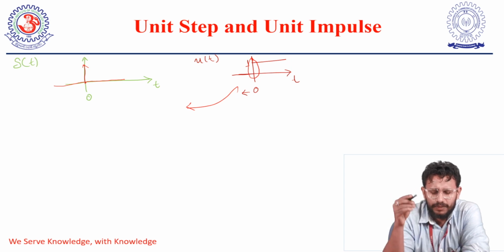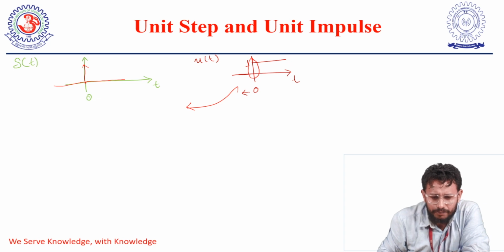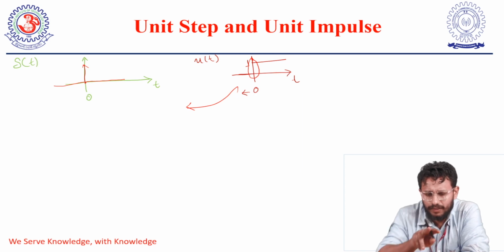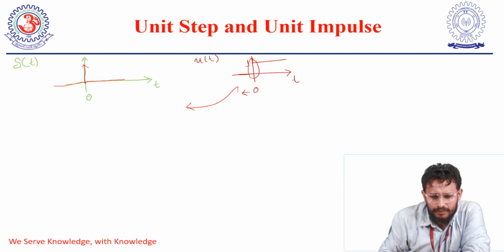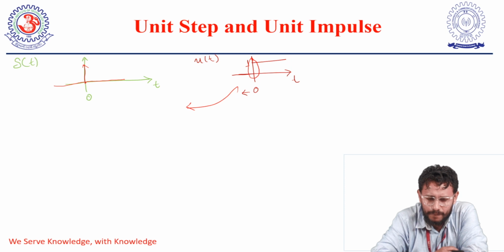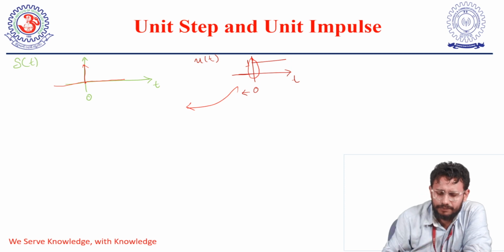Let's assume an impulse function is the derivative of the unit step. Can we look at it the other way? Can we claim that the step input would be an integration of the impulse input? Let's just have a look.